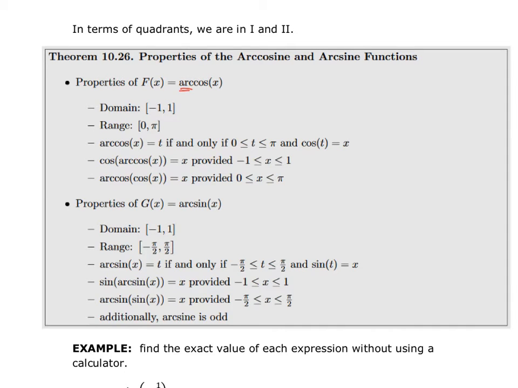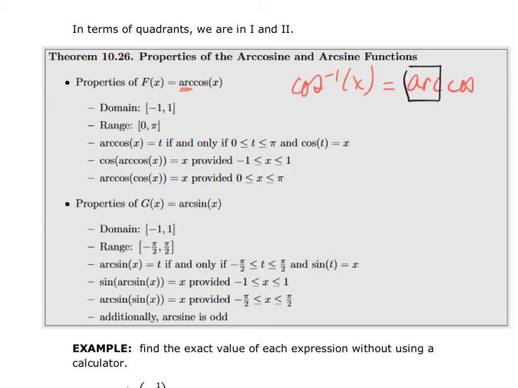So instead of what we're familiar with, the cosine inverse of x, it cost a lot of money back when we printed the books to put that superscript of a -1 up there. Because it was so expensive, they wrote it as arc cosine. So this arc means that we are working with an inverse function. And that power right there does not mean it's 1 over. It means we have an inverse function of the cosine.